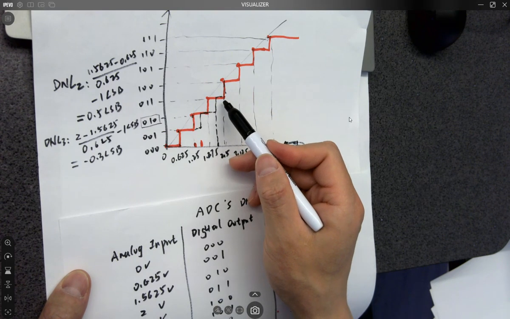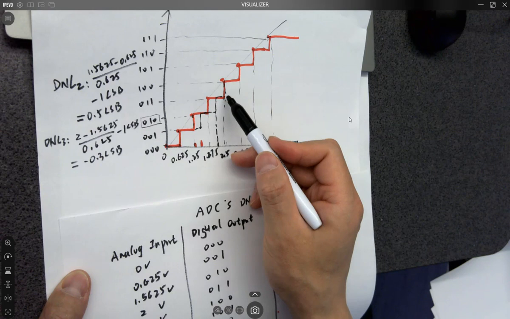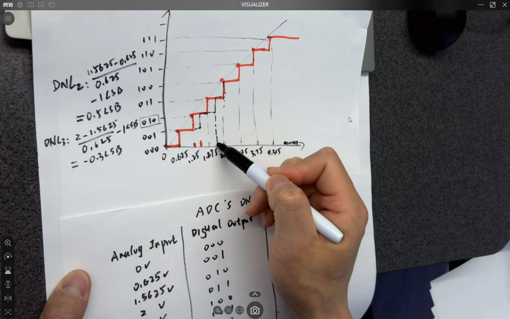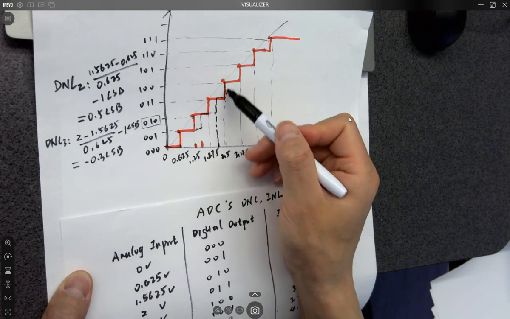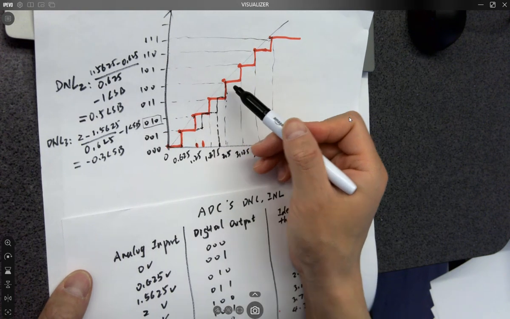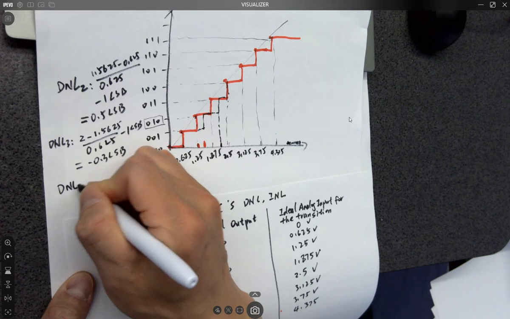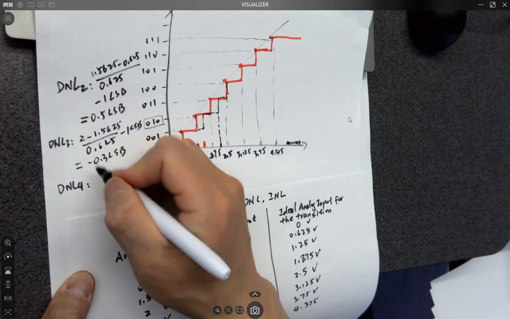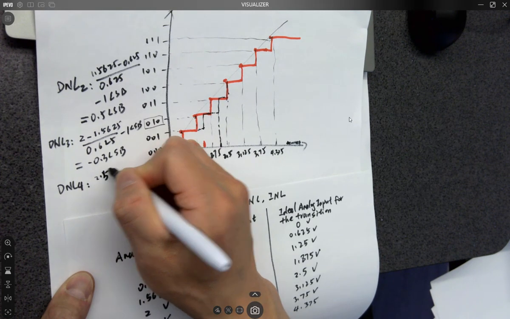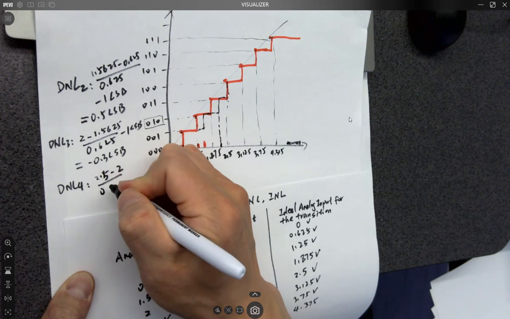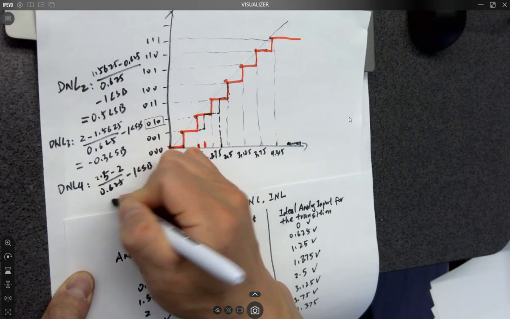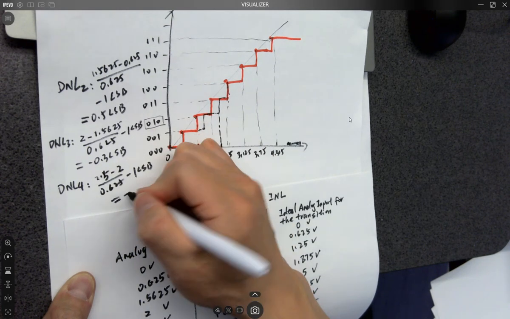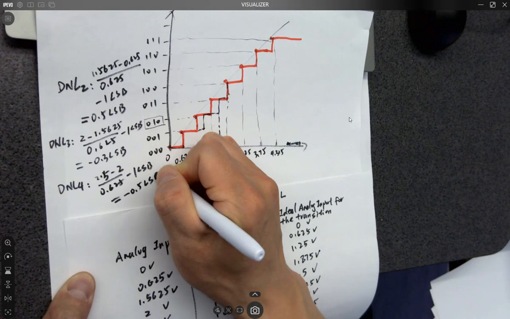So you still want to count that one into it. So it becomes 2.5 minus 2 volts. So it's going to be a DNL4, which is 2.5 minus 2, divided by 0.625 minus 1 LSB. That equals negative 0.5 LSB.